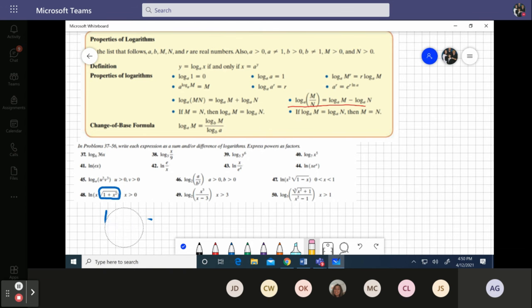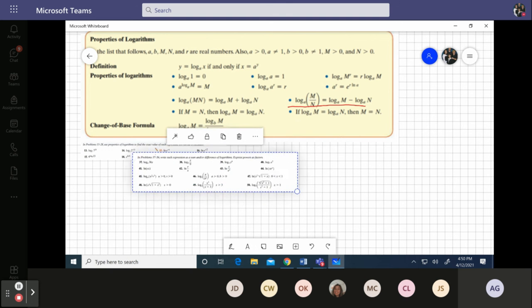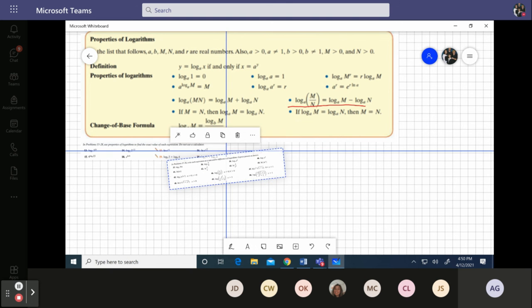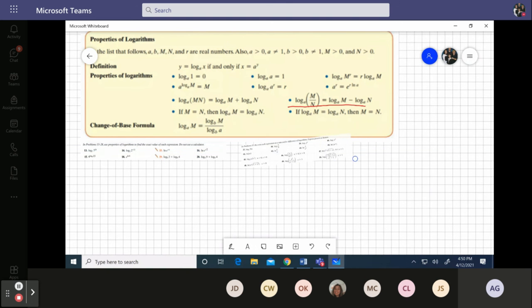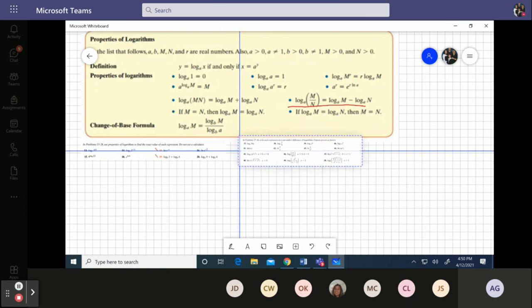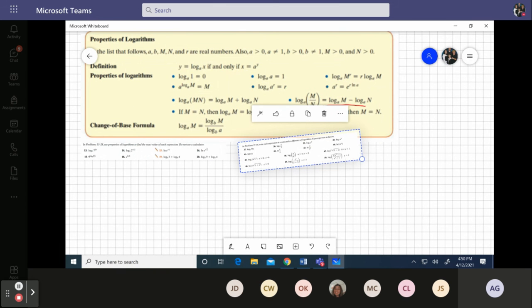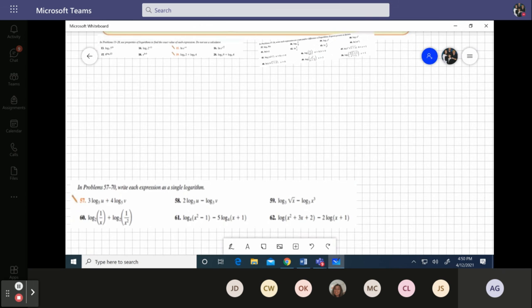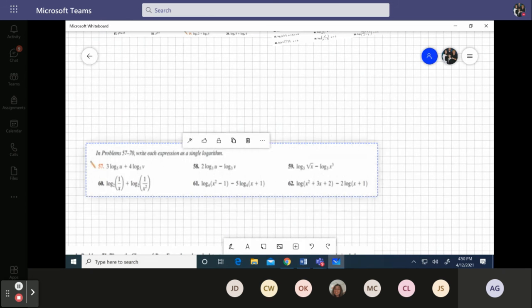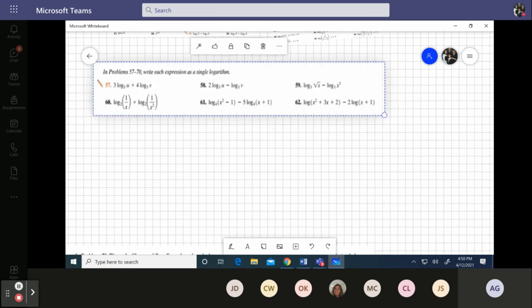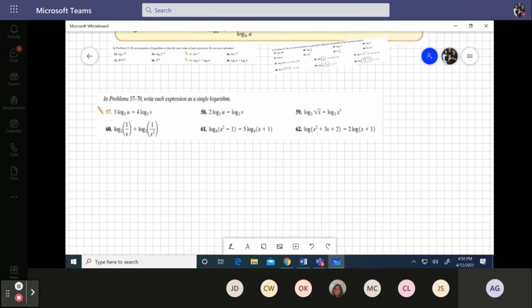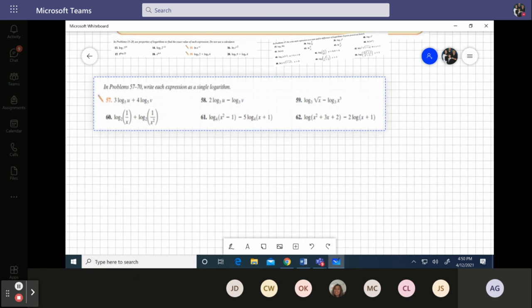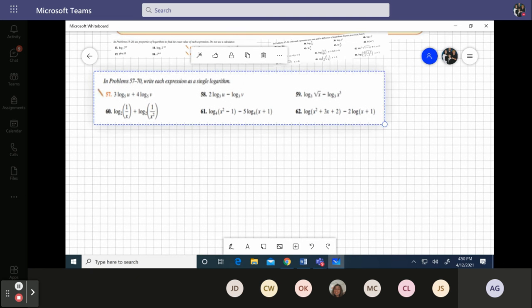So let's look at going the other direction with these. What we want to do with these is get them into a single log.